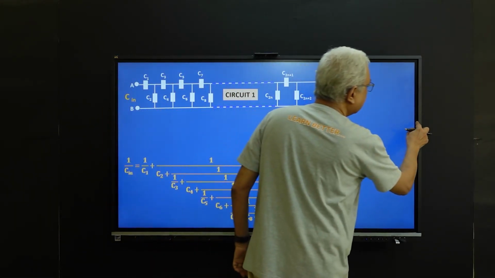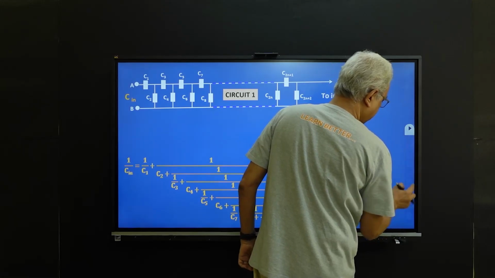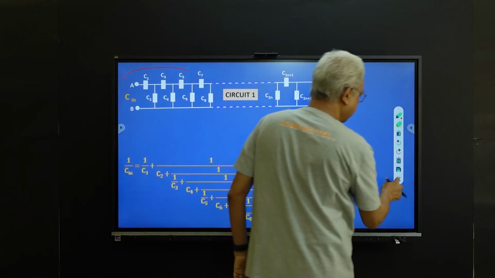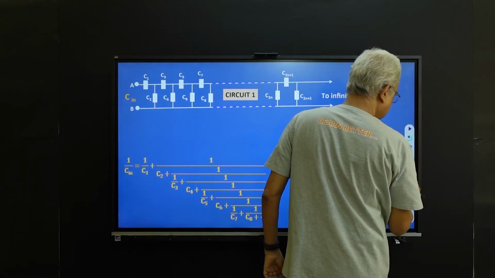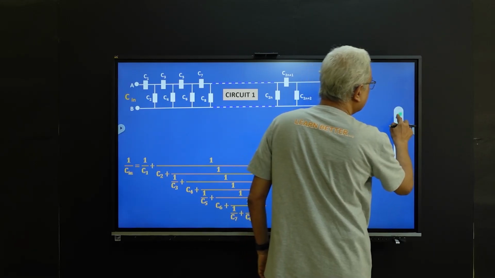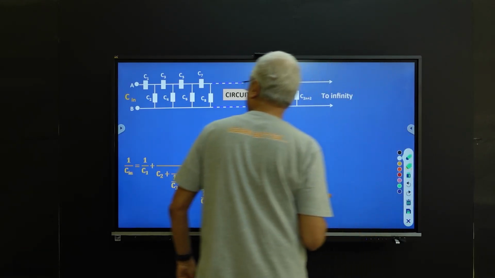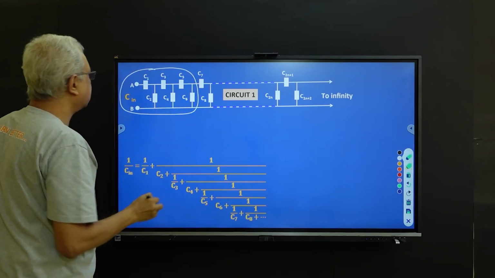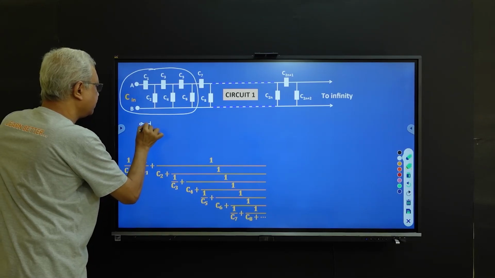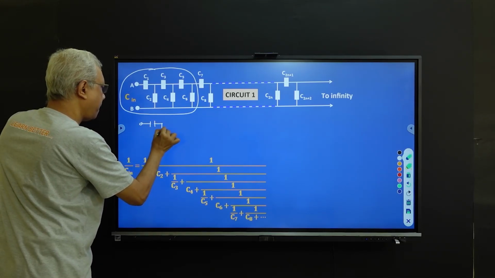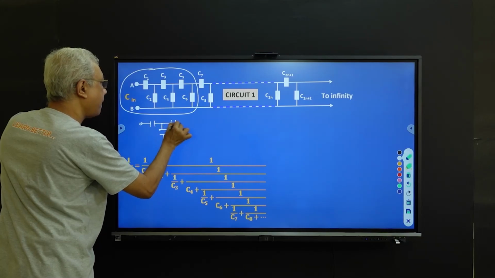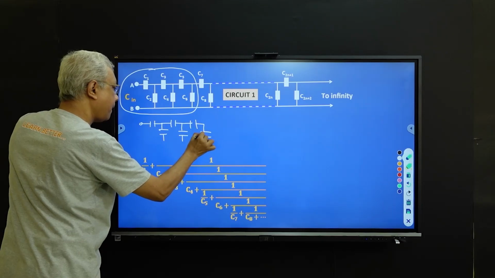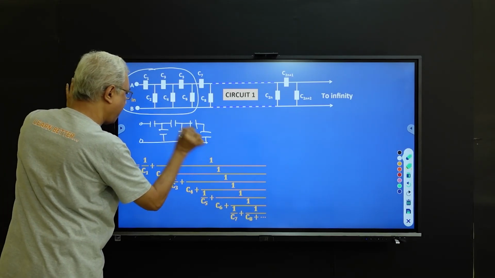Now what we do? We consider say this part of the circuit. Let us use white. Let us consider this part of the circuit, so it is basically AB.